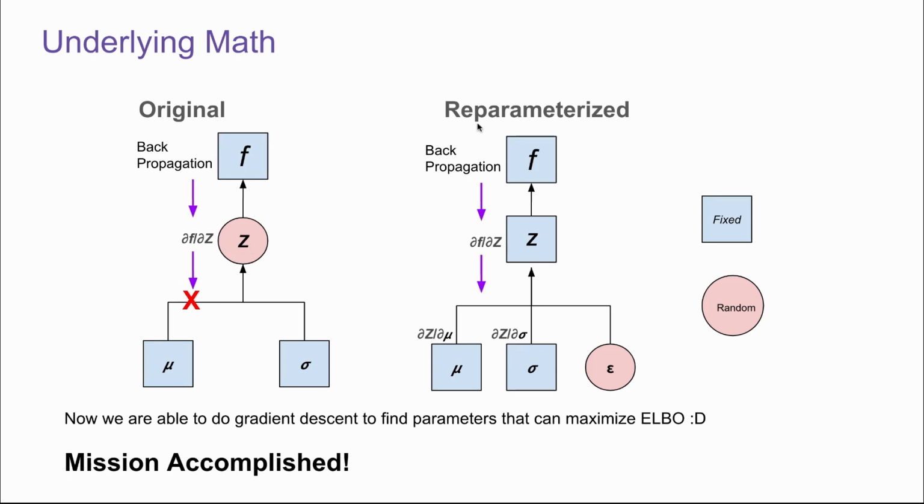But after it's reparameterized, this z is no longer random, it's fixed. What's random is this epsilon, but epsilon is not a function of any parameters in the model. So when we do gradients, we can ignore this line and the backpropagation will just flow normally to all the parameters. So now we are able to do gradient descent to find parameters that can maximize ELBO.